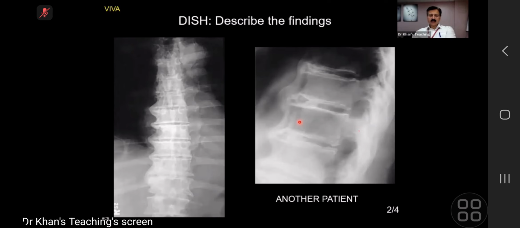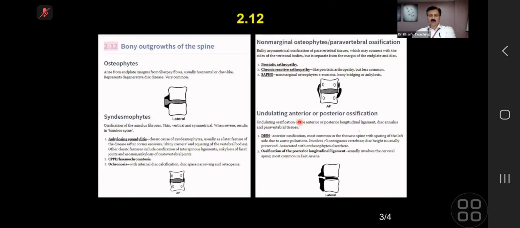So if you see here, this is another case, similar findings, but this time in the thoracic spine. I'll come back to this point. If you see here, this is what we call undulating anterior or posterior ossification. Undulating ossification of the anterior longitudinal ligament. Now, DISH. DISH is diffuse idiopathic skeletal hyperostosis.